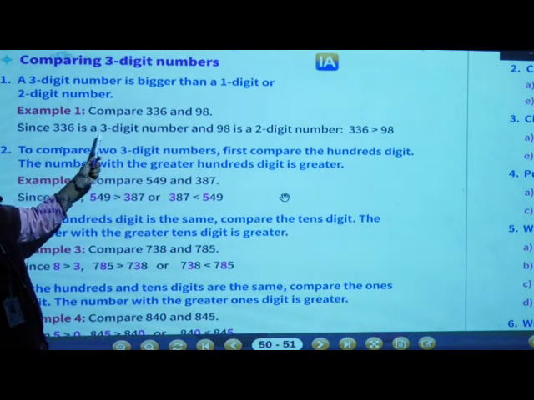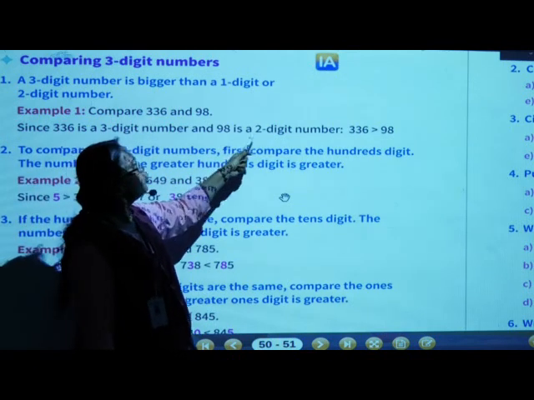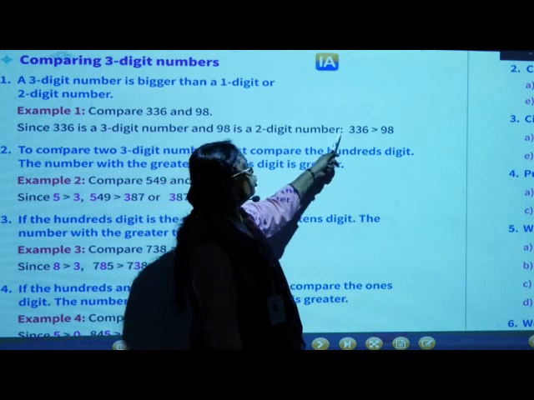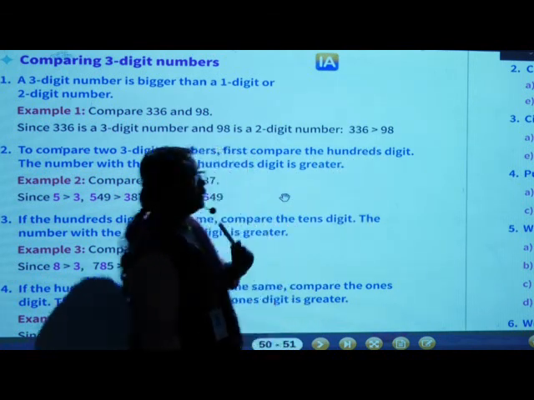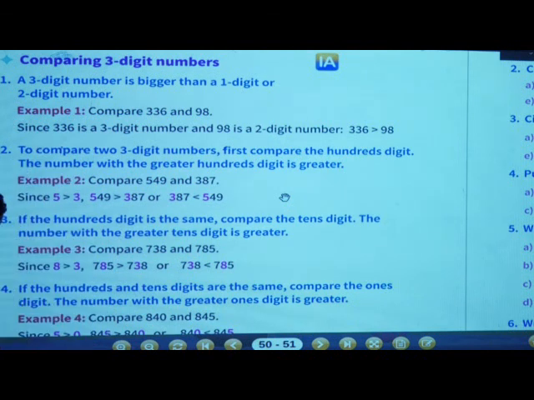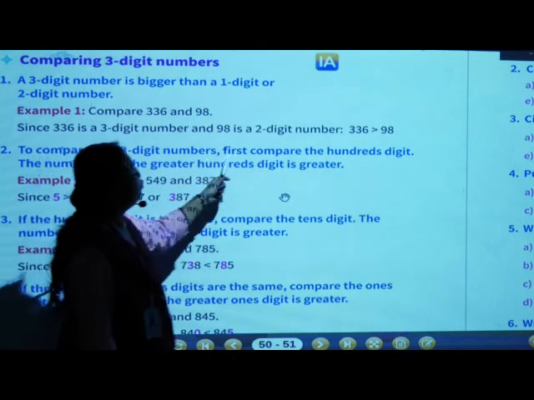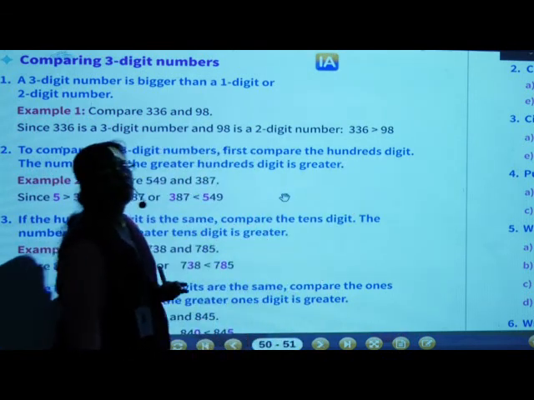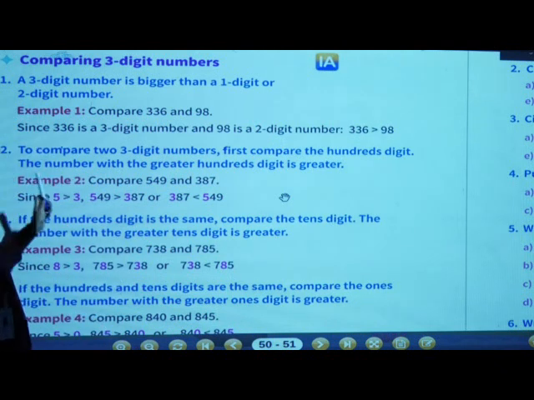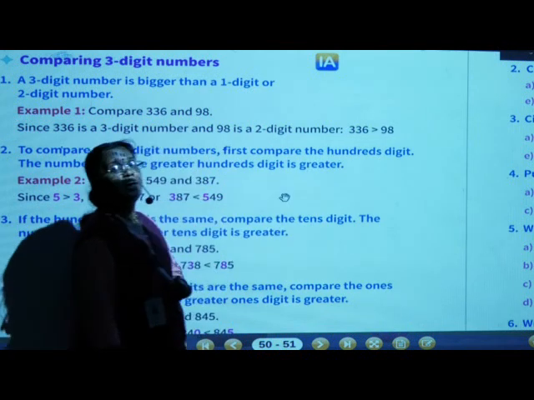Since 336 is a three-digit number and 98 is a two-digit number, 336 is greater than 98. Then the second one: to compare three-digit numbers, first compare the hundreds digit. The number with the greater hundreds digit is greater.